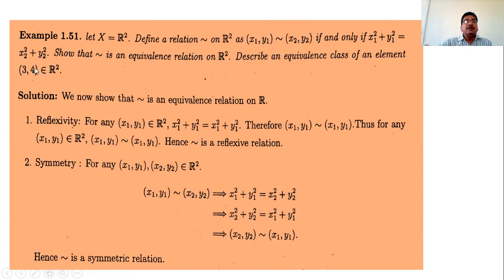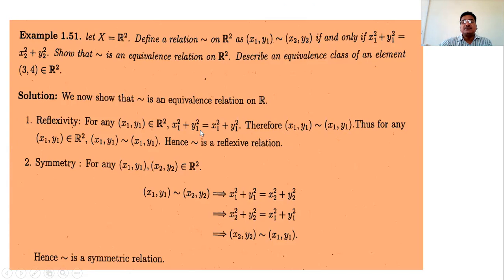We have to find the equivalence class of (3, 4). So first we have to show the relation is an equivalence relation, that is, the relation is reflexive, symmetric, and transitive. The first condition, reflexive. Take any one element (x1, y1) from R2 and show this element is related to itself. (x1, y1) is related to (x1, y1) if x1 square plus y1 square is equal to x1 square plus y1 square, and this is very obvious.